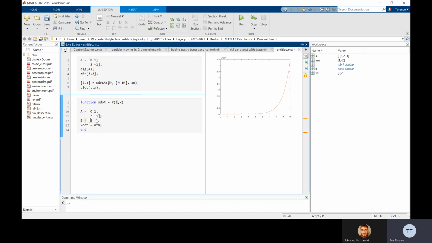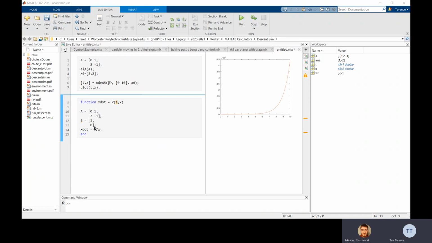Is that second constant called B? Yeah, B is also a constant. Do you remember the significance of B? Well, basically it determines how strong the control is, or how it acts on each of the parts of the system.